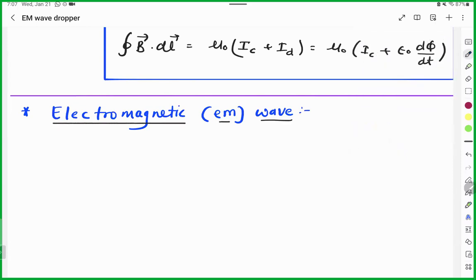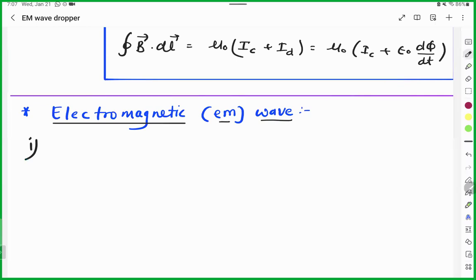Many times in electromagnetic waves you need to know many theoretical portions, but the reality is even in the NEET, not only boards, they ask these questions, and I will show you questions.